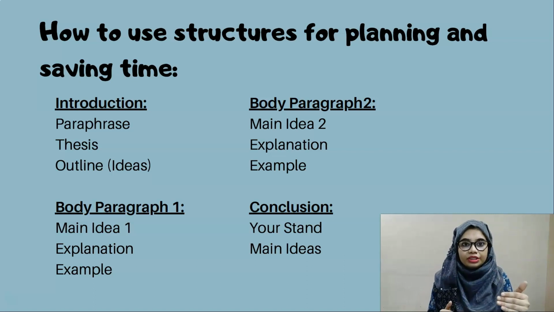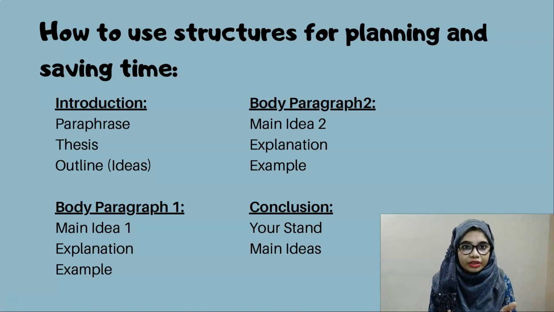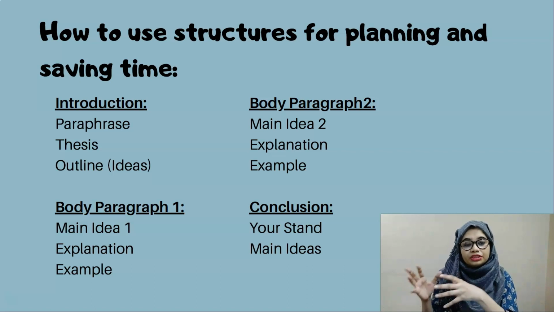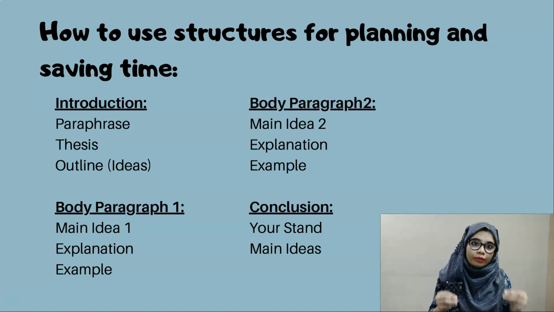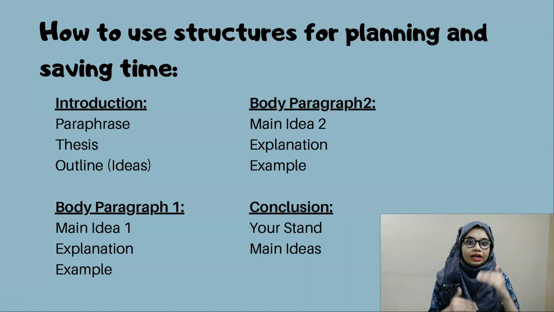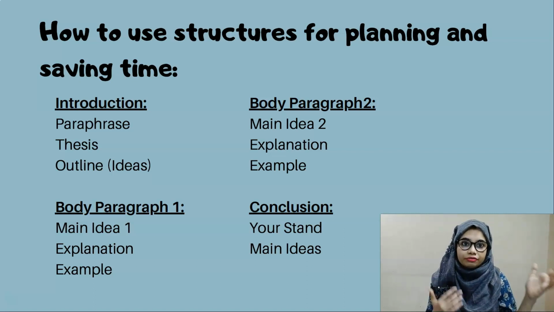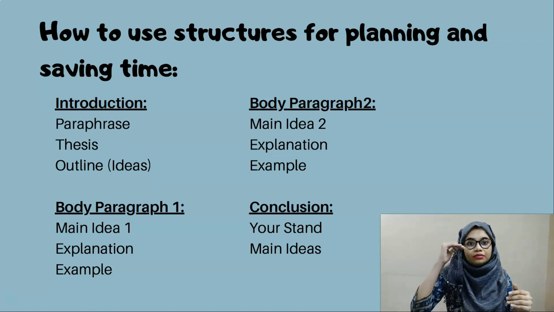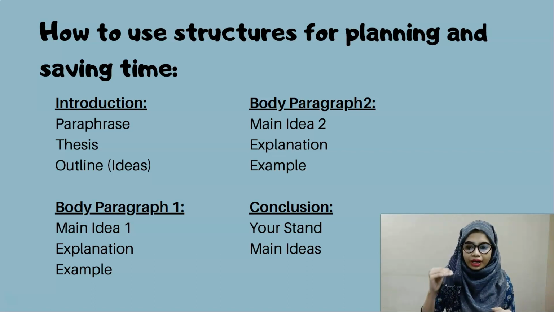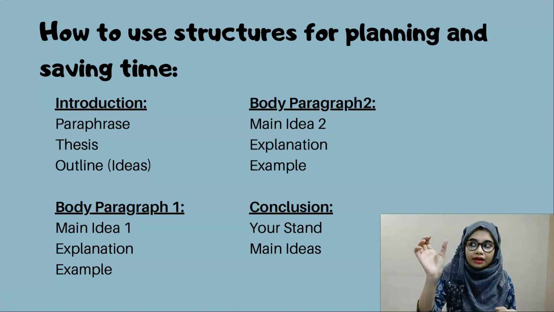When you're in the examination hall, you get your question paper and you start understanding the question in your mind, or else you can ask the invigilator for a spare piece of paper for rough work and note down the points. You can note down that, okay, for paraphrasing I will be using this particular synonym, and then you can talk about thesis, agree or disagree, then outline.